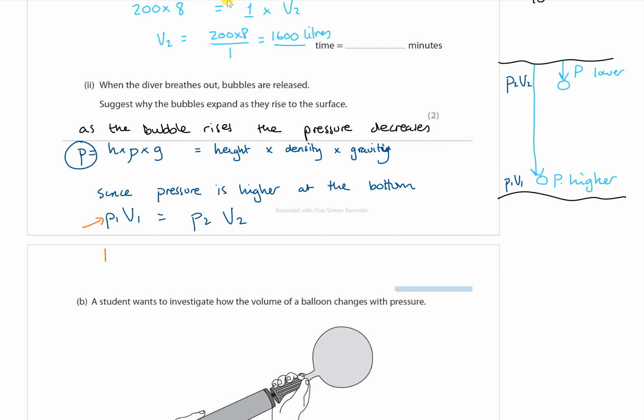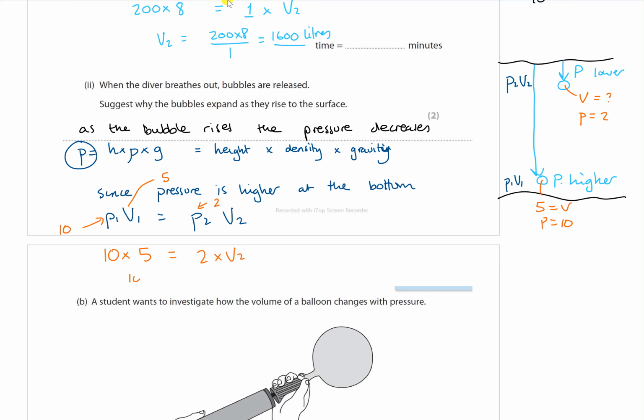We'll say the pressure here is 10 and because it's gone up, the pressure there is 2. So we're saying 10 times, and the volume here we'll say is 5. So this volume is 5, and the pressure we've said is 10. Over here, we don't know the volume, but we know the pressure has decreased to 2. So we're saying 10 times 5 must equal 2 times V2.